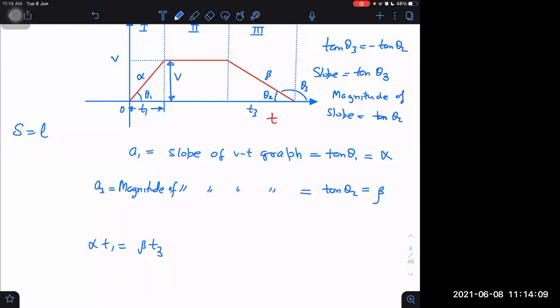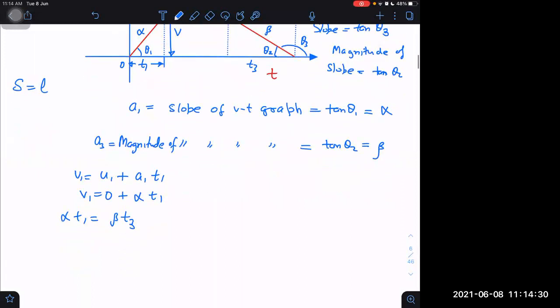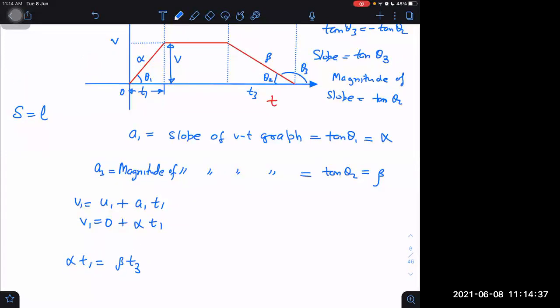We know if I look at the first interval, then V1 is equal to the initial velocity of the first interval plus acceleration of the first interval into the time of the first interval. There are different methods, geometrically or by formula, that is 0 plus alpha into T1 is V1. This is also one way. Now, similarly for the last interval, V3 will be equal to U3 plus A3 into T3.